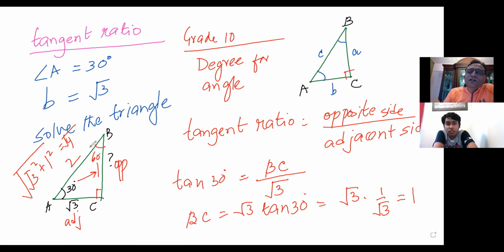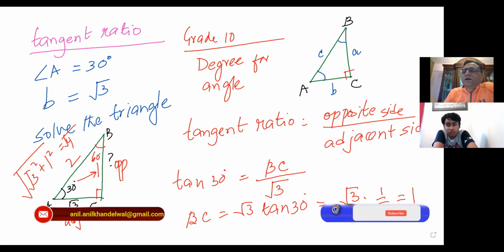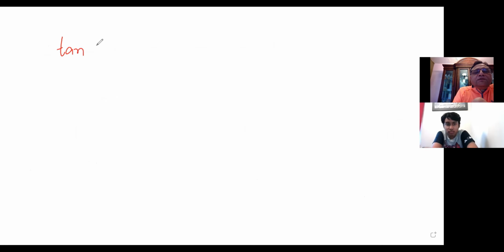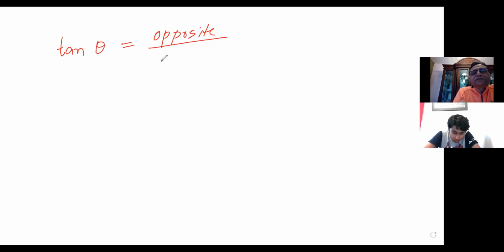Yes, sir. So let us summarize our learnings from this particular screen. What we have learned is that tan of an angle, let's say the angle is theta, is the ratio of opposite side to adjacent side.